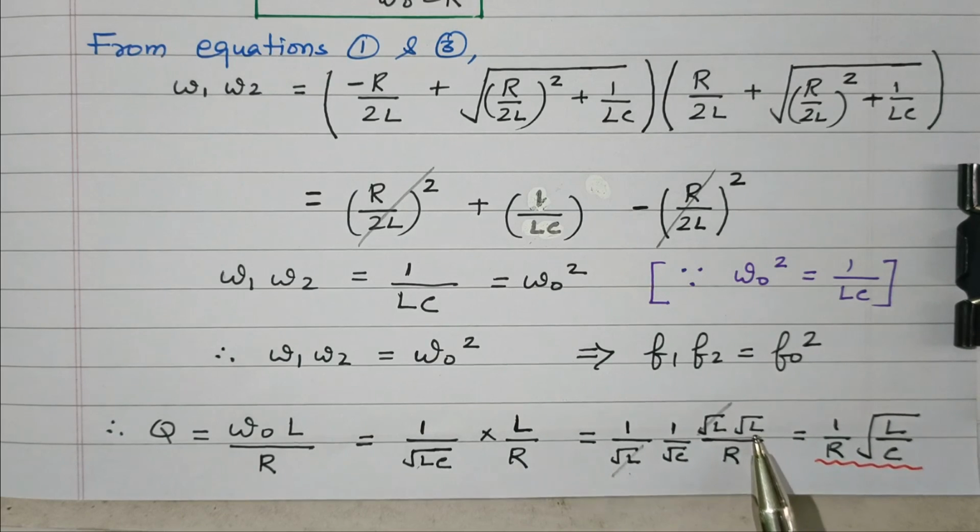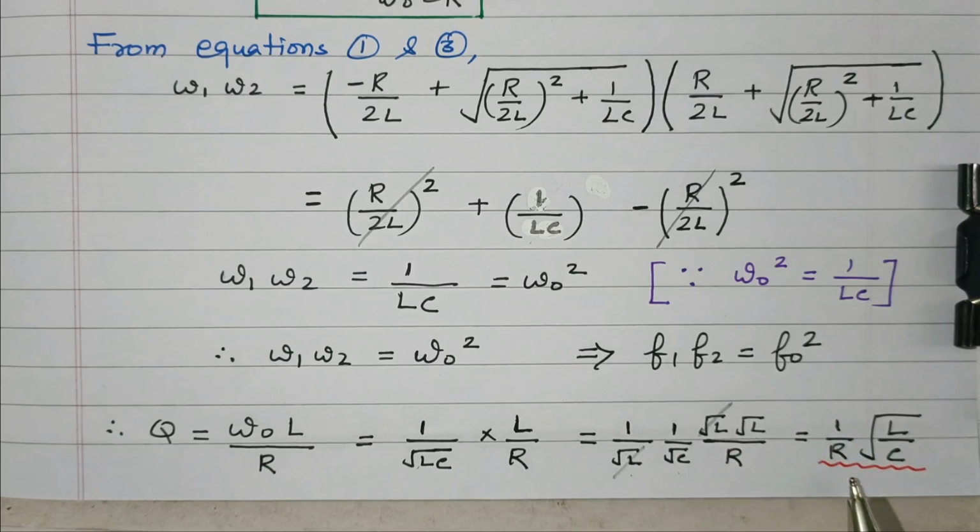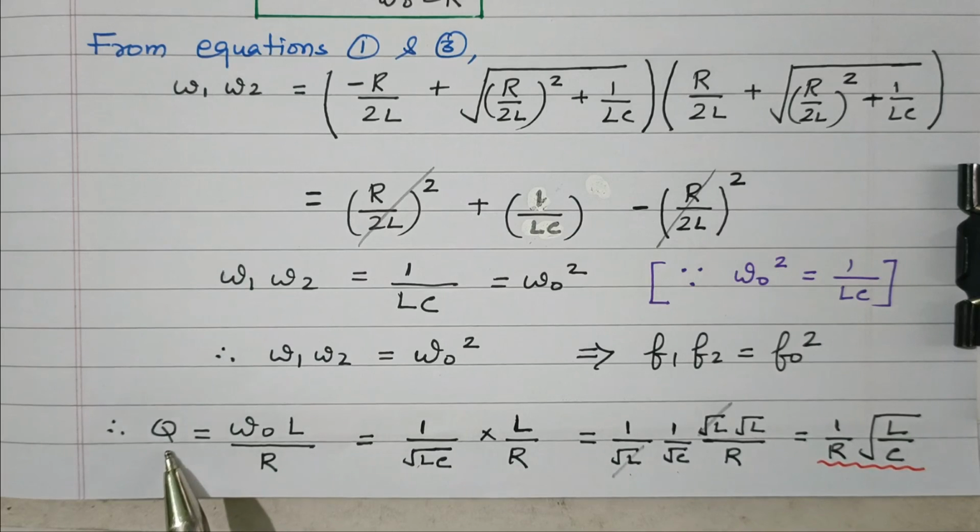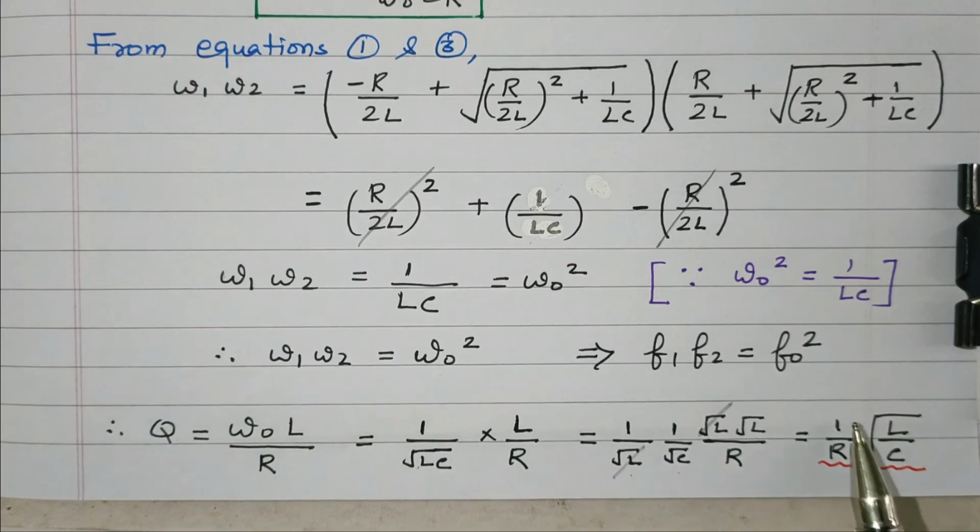So what we have is square root of L divided by square root of C into R. That can be written as 1 by R into square root of L by C. So one more formula for the quality factor is 1 by R square root of L by C.